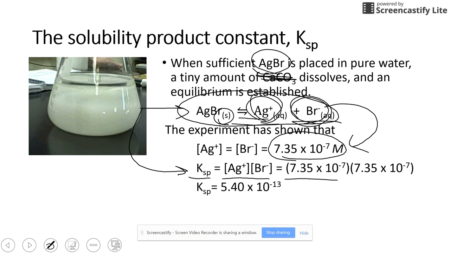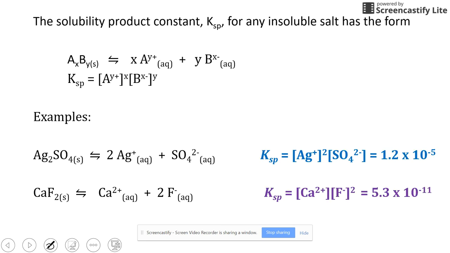When you plug in the values and multiply them, you will have the Ksp. This will be constant at a particular temperature. Usually, if we don't say what temperature it is, we always assume that the temperature is 25 degrees Celsius.